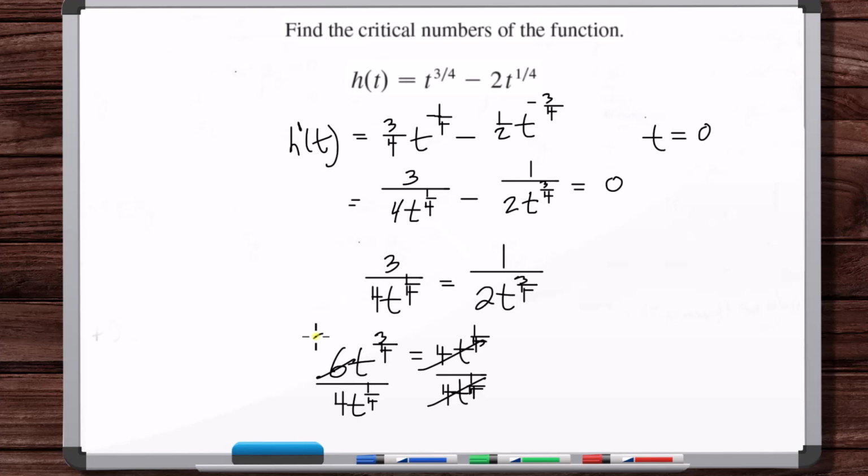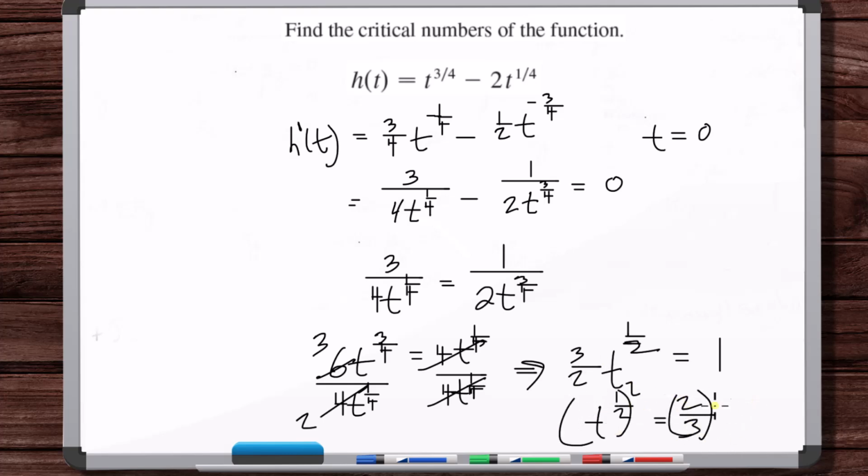So we've got t to the 3/4 minus 1/4, we've got 3/2 t to the 1/2 is equal to 1. So t to the 1/2 is equal to 2/3. Now we square both sides, and you get t is equal to 4/9.